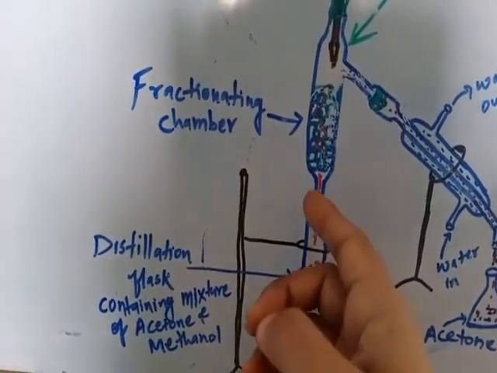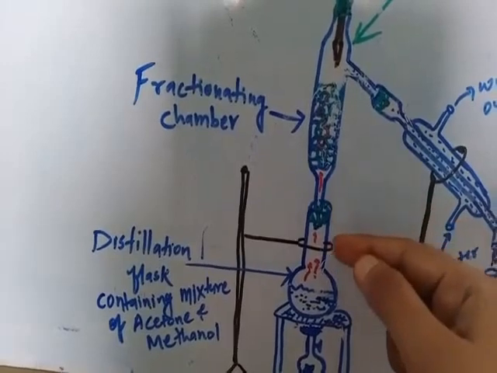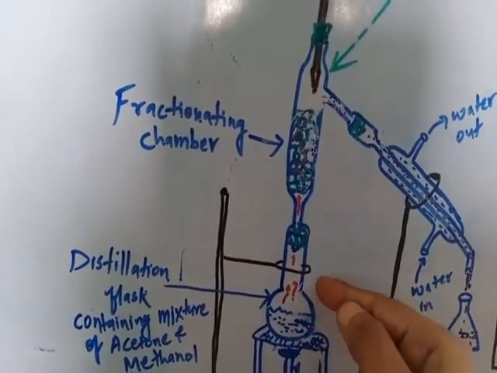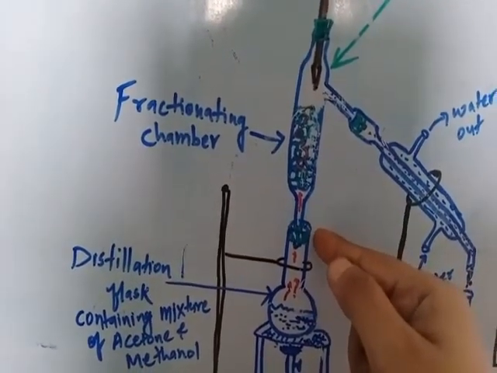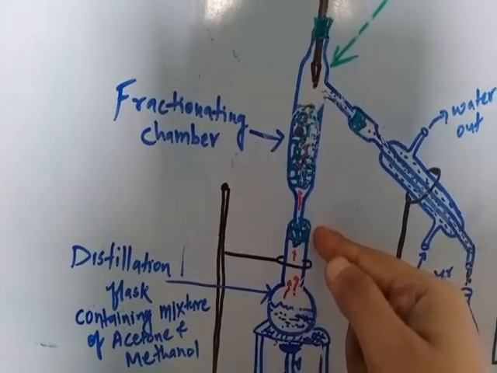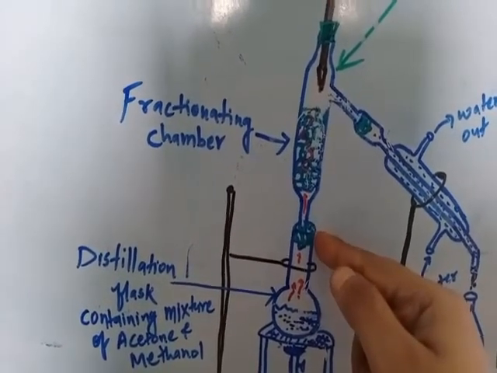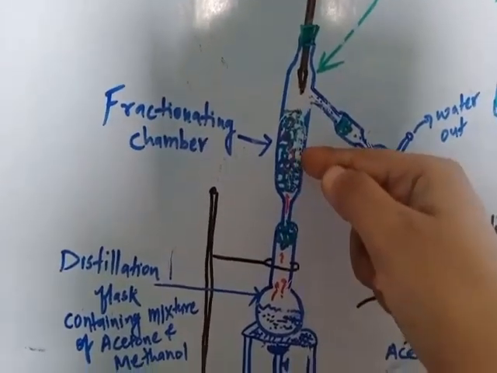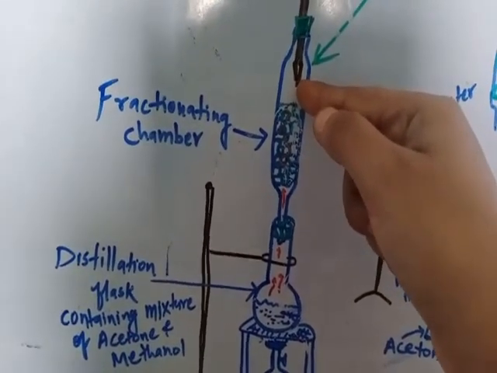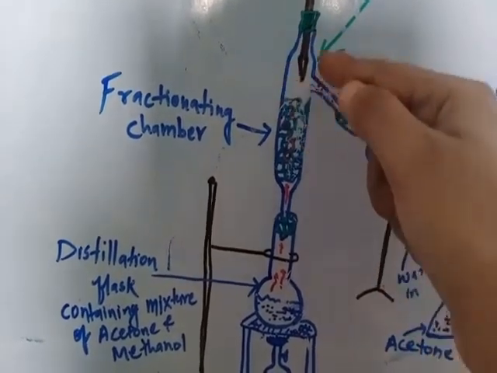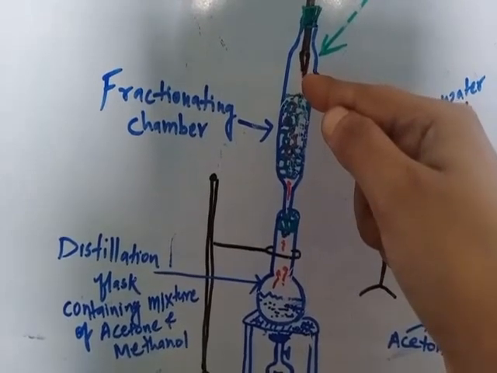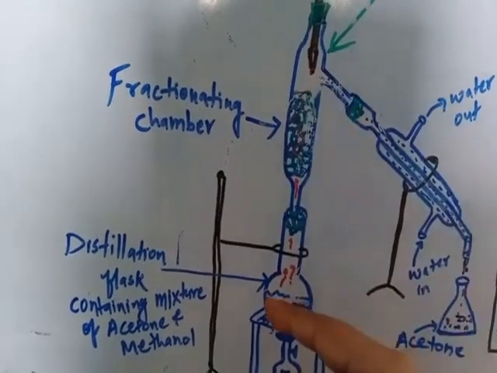Now as they rise upward, obviously the temperature lowers, because we could not expect the temperature here to be the same, that is 70 degrees Celsius. We could expect the temperature here as 65, here as 60, and here it is 56 degrees Celsius. As I told you, we have to maintain it here at 56 degrees Celsius.